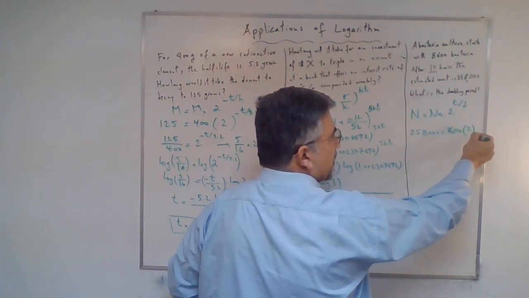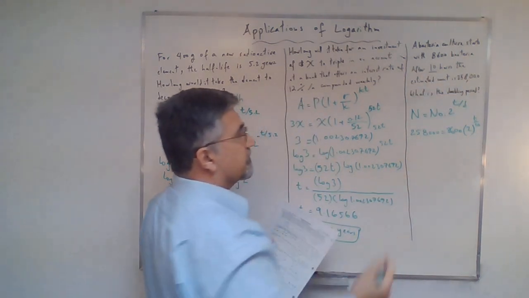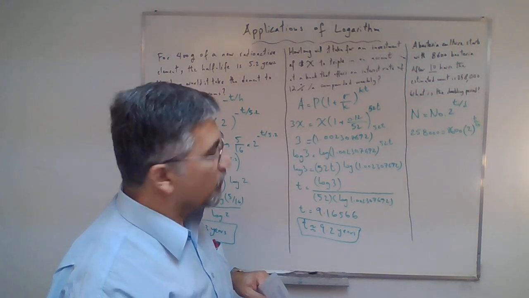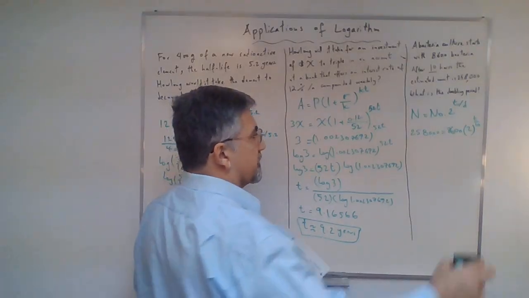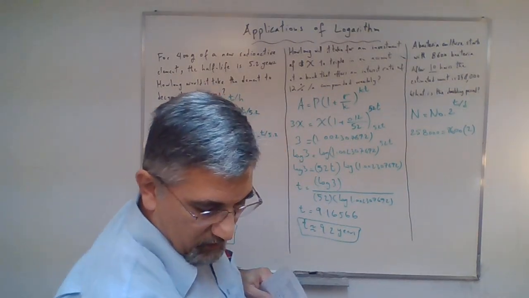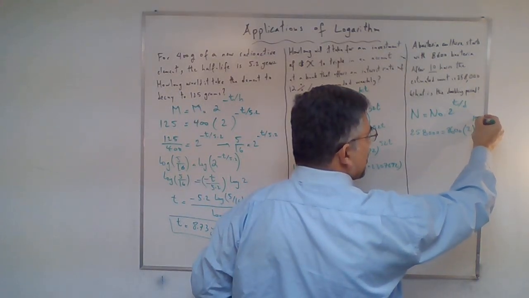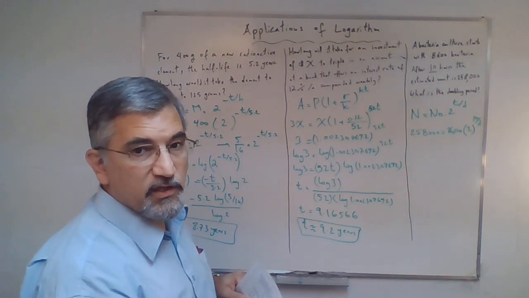We're going to multiply this by 2 to the exponent of t over d, no, it's 10 over d, because 10 hours is the time that is given, and the doubling period is the unknown in the denominator.